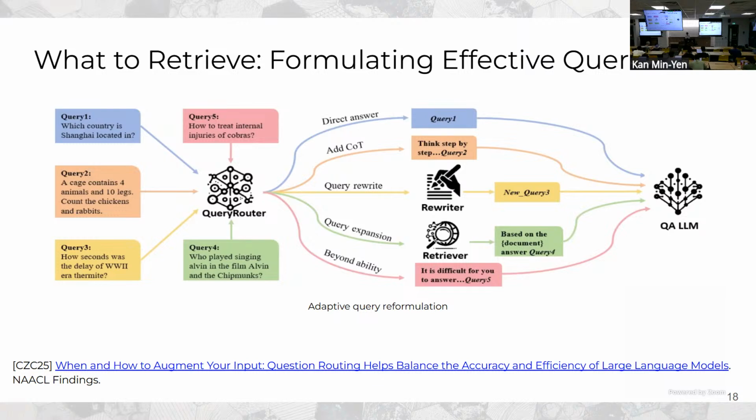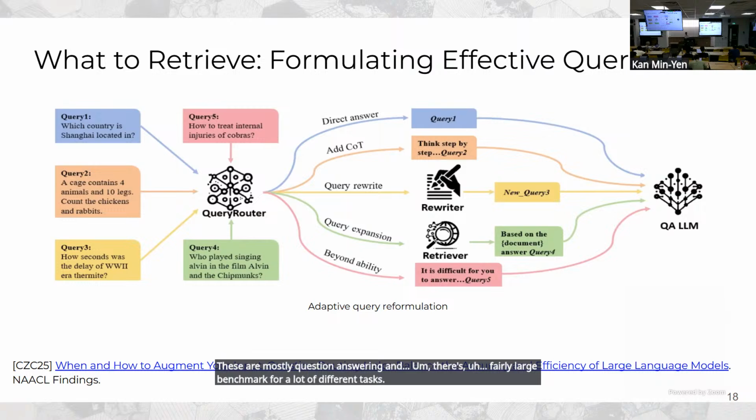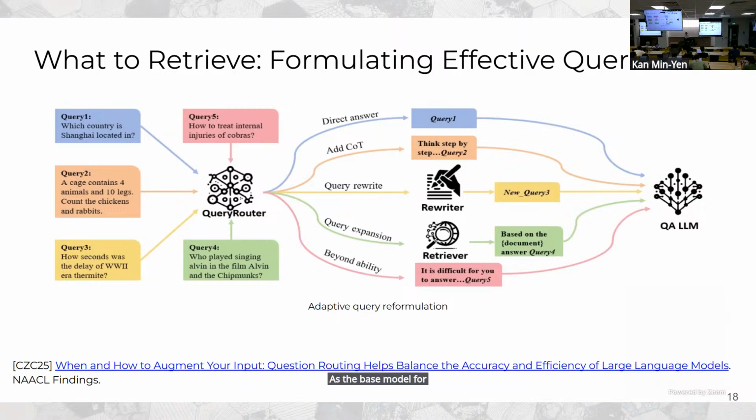BERT is rather small these days, 110 million parameters, pre-trained, like Haitao said, on the SQuAD and GLUE datasets. These are mostly question answering, and GLUE is a fairly large benchmark for a lot of different tasks, as the base model for their query router.